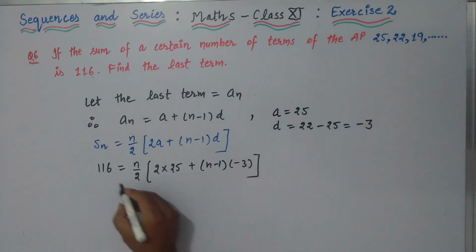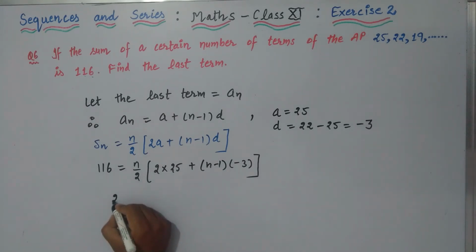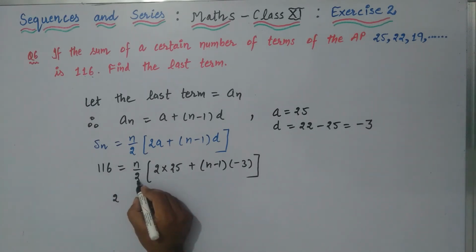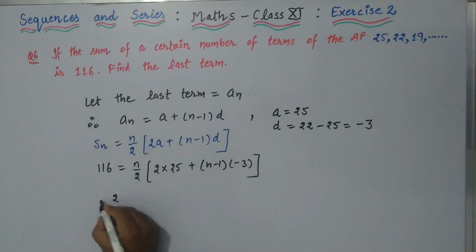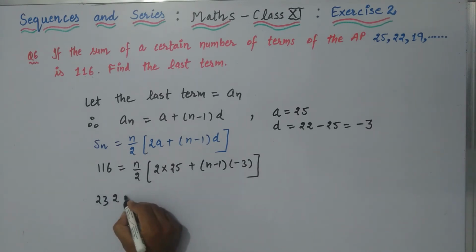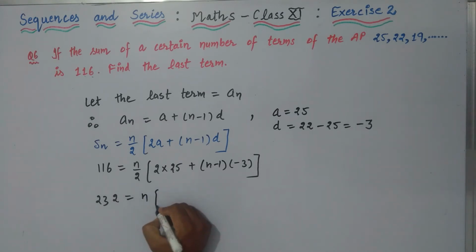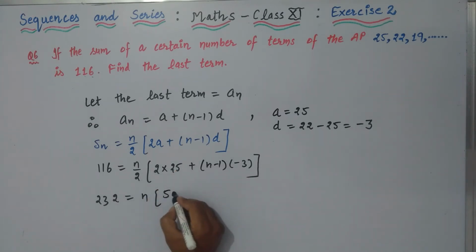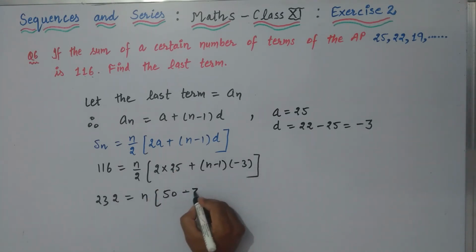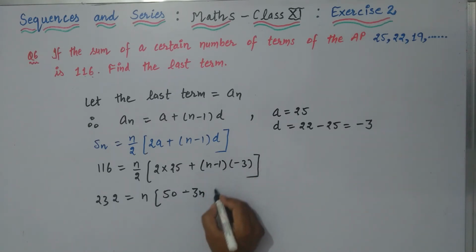So this becomes 232 is equal to n into 50 minus 3n plus 3.